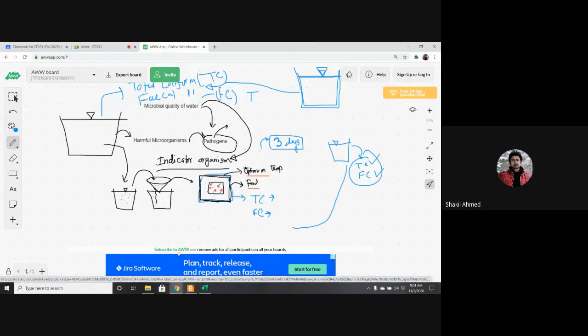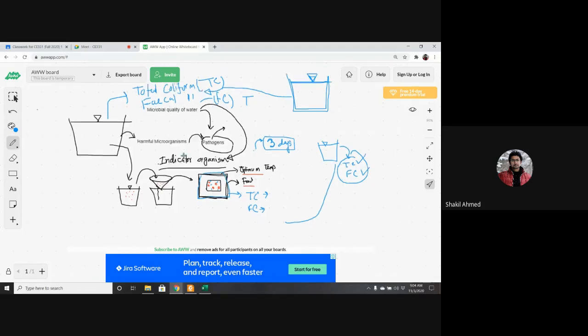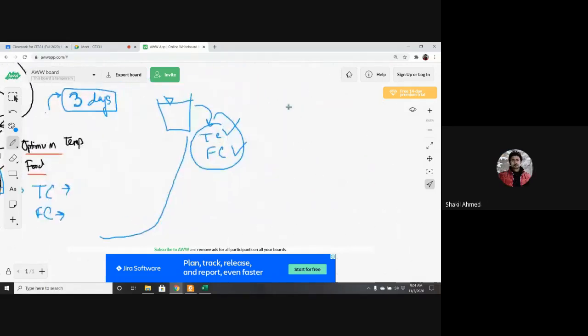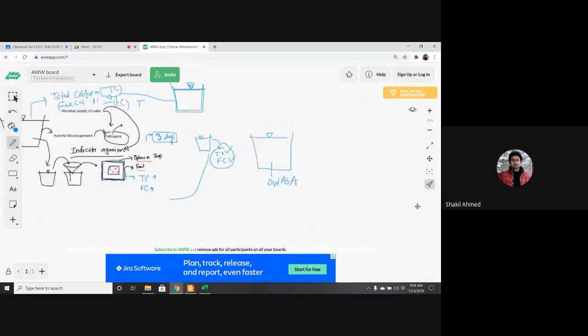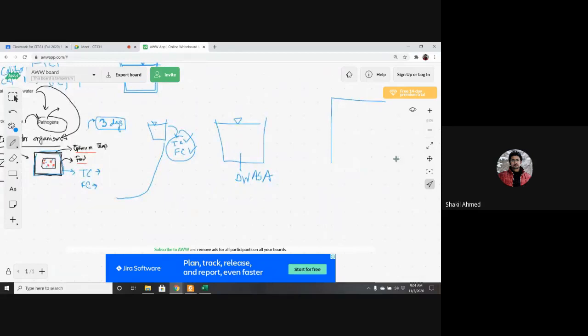Any questions? For example, you are working in a water supply authority, and you see that in an area people are suddenly getting waterborne disease.